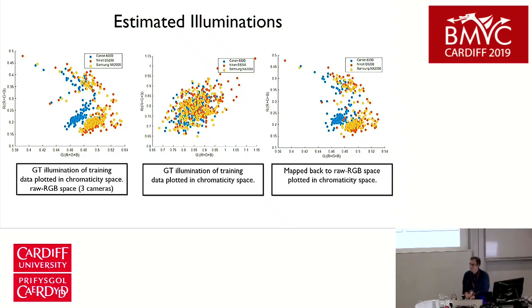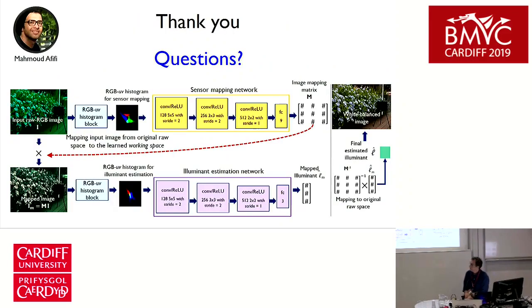If you go back to that diagram, the image mapping matrix that's predicted for a given sensor, regardless of the image, should that matrix be the same every time? Yeah, I agree with you in principle, that should be right, but in general a single 3x3 is not enough to map all the images. In my mind, this is the beauty of deep networks: we can just map whatever we want, so pretend that it does this.